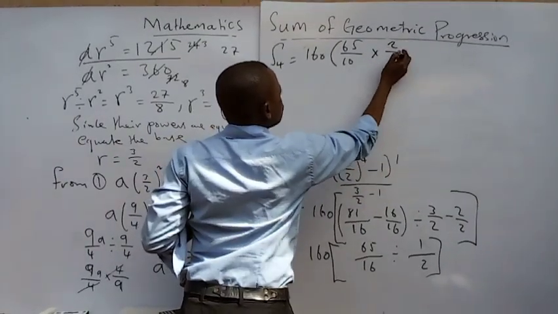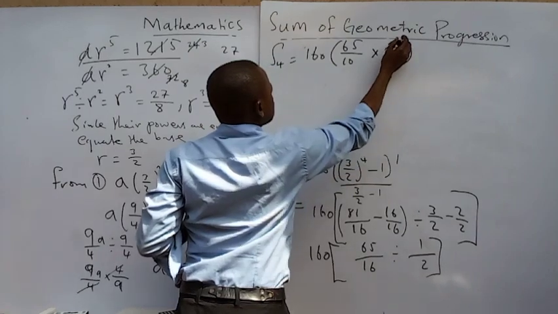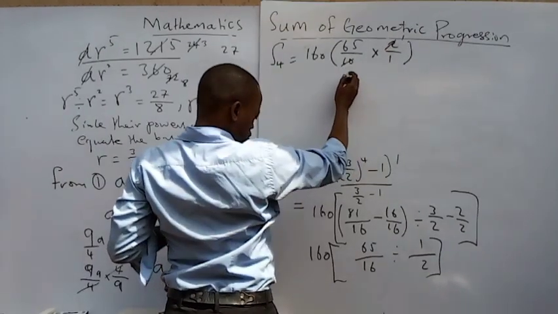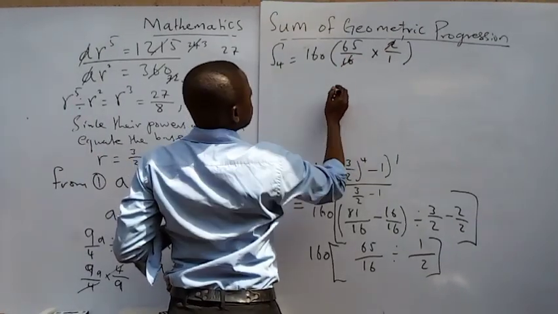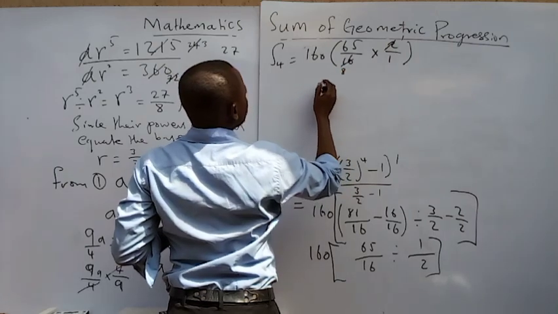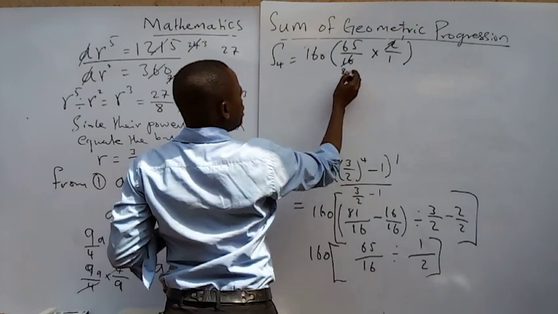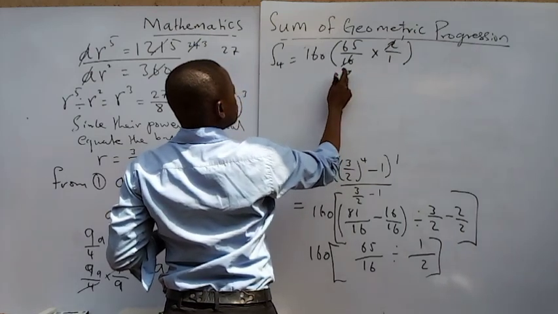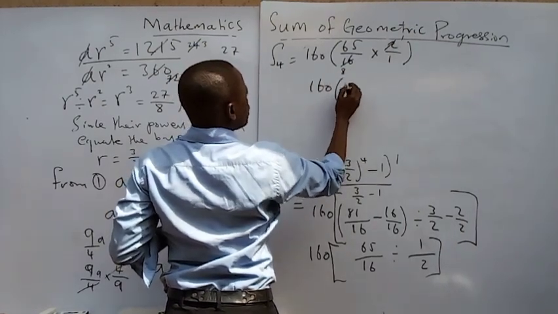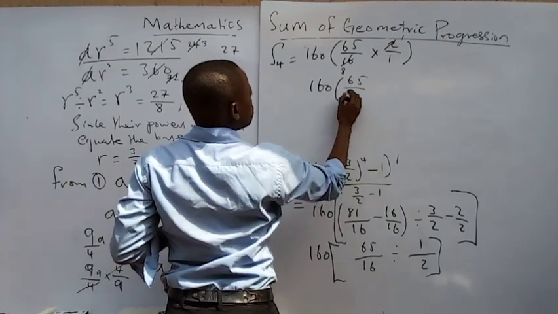Okay, 2 over 1. So the 2 cancels, and 16 becomes 8. So finally, this is 160 in bracket, now 65 over 8.